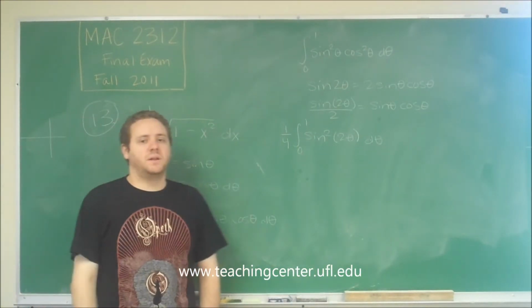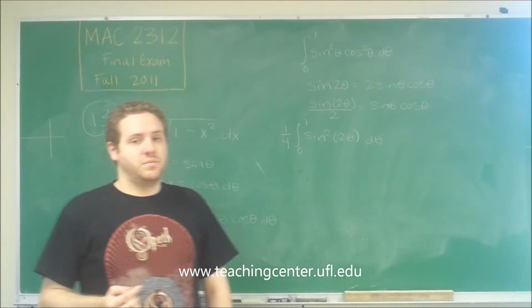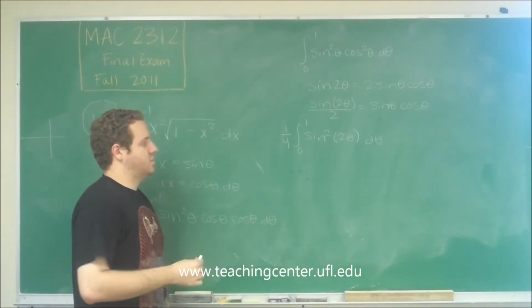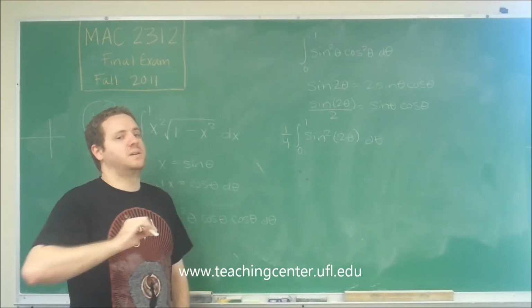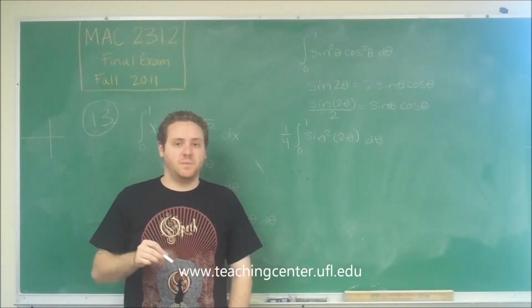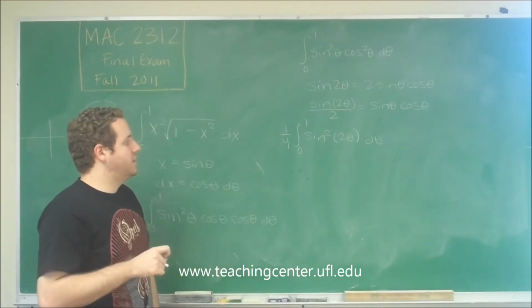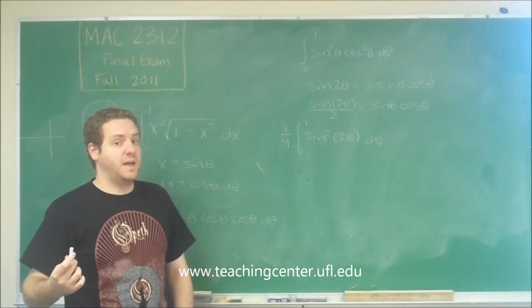Now that we have it only as one trig function, we can use the double angle formula. Remember that sine squared theta is going to be 1 minus cosine 2 theta divided by 2. But we have a 2 theta there already, so we have to keep that in mind.